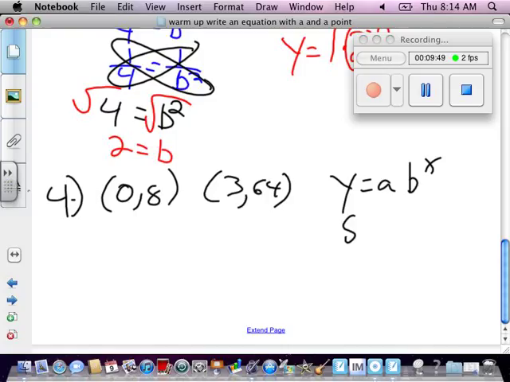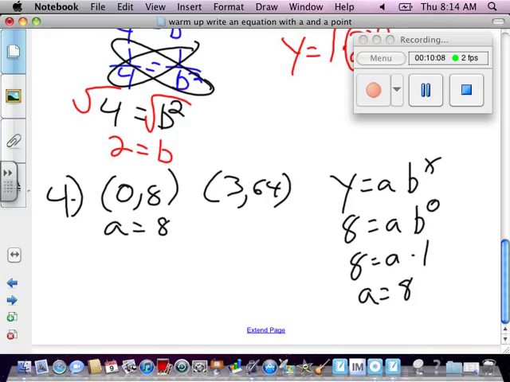So my y is 8 equals a b to the 0. B to the 0 power gives us 1. Okay, what times 1 gives me 8? 8. So A has to be 8. So I get y equals 8b to the x.